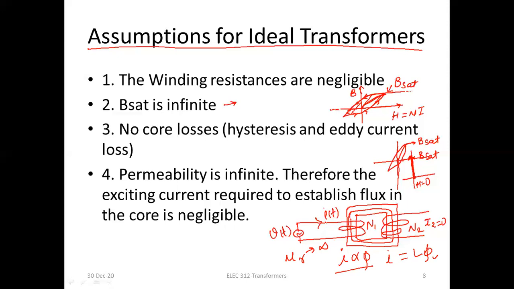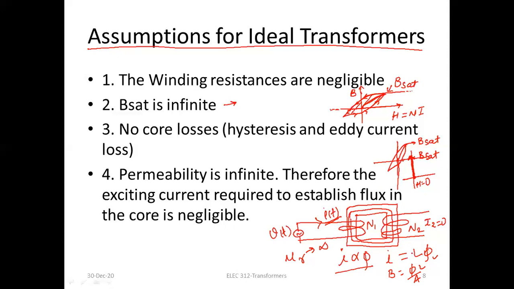But if I is 0 here, if current is not given for an ideal transformer, then B, which is flux per unit area, phi divided by area, would be 0 if the flux value is 0. But in the case of the ideal transformer, its value is reduced, so this B saturation goes up to infinite, a very high value.